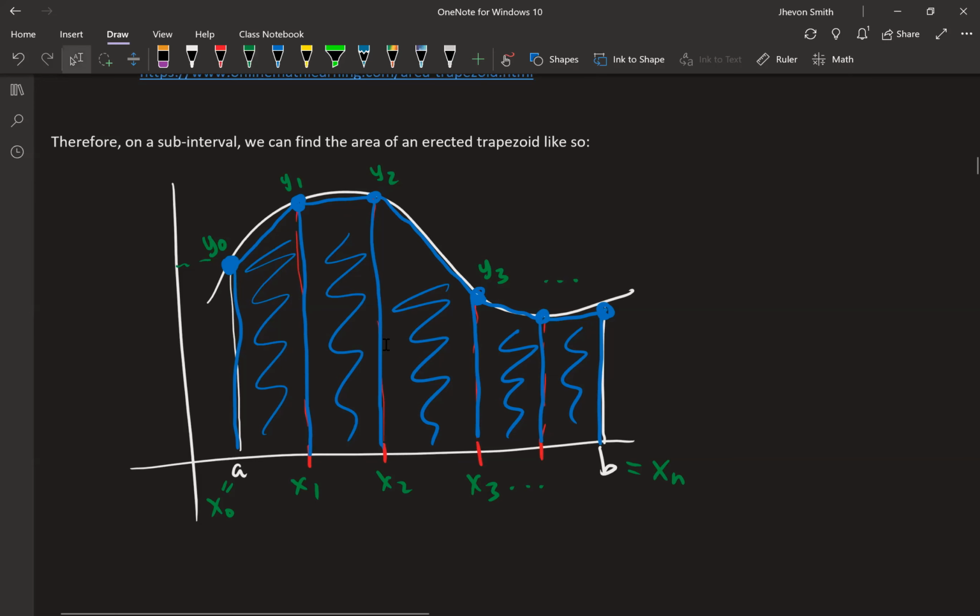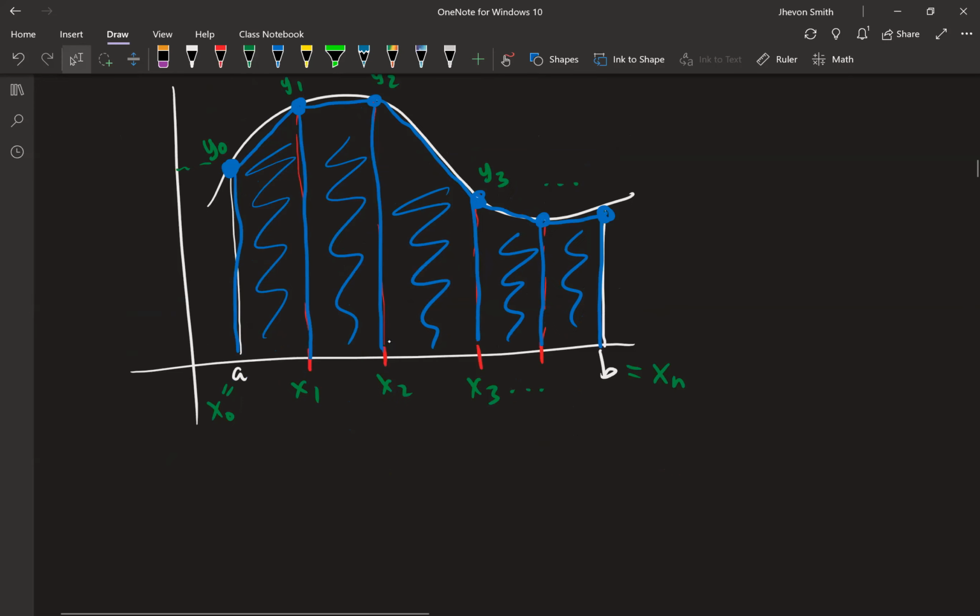What you can realize now is based on the area of the trapezoids, this here is going to be 1/2 times the length of the two parallel sides, y0 plus y1, times the distance between them, which is the distance across here. Now, the distance across there is, of course, delta x, the same delta x that you had from Calc 1.